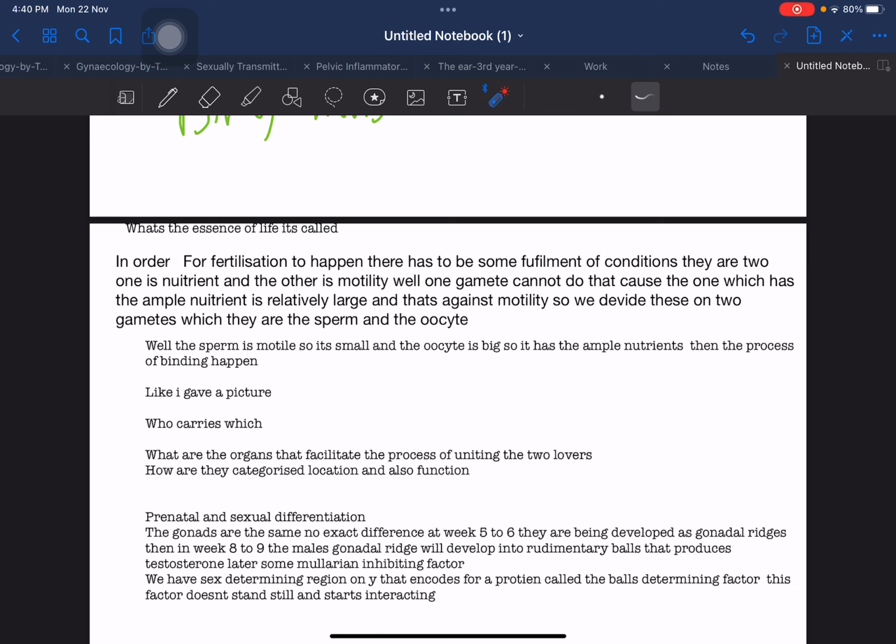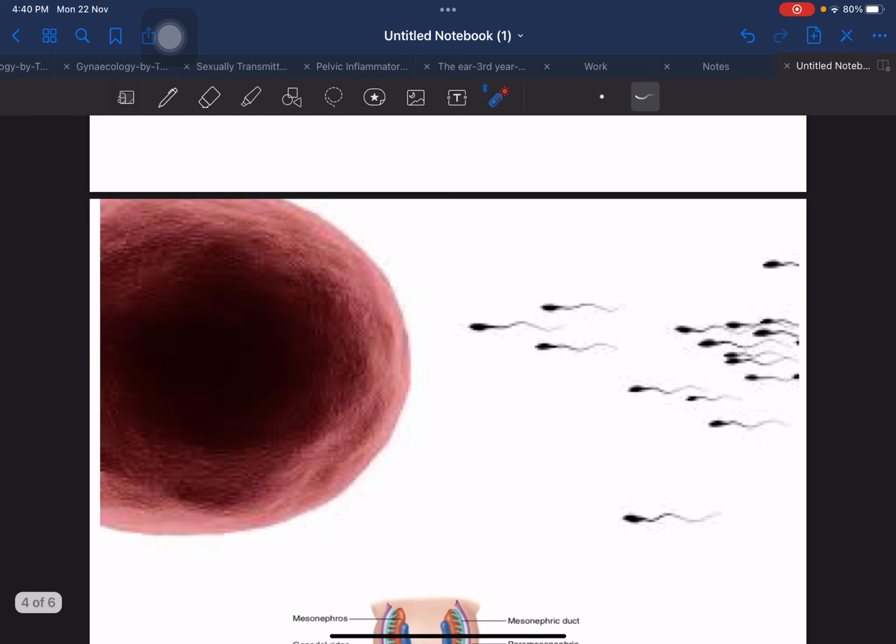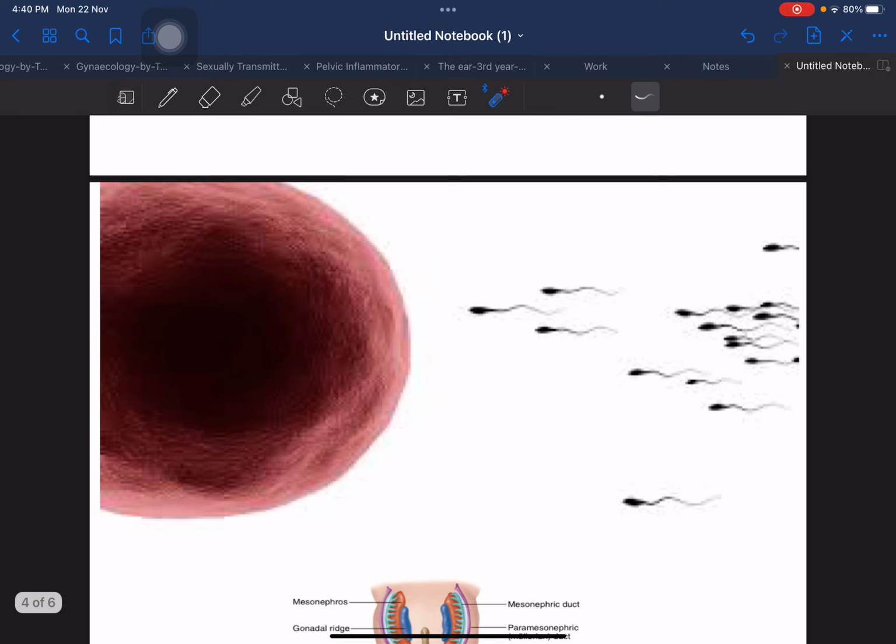Now, who carries which? Males form the sperm and females form the oocyte. So the oocyte is quite a bit larger. Let me show you a picture.